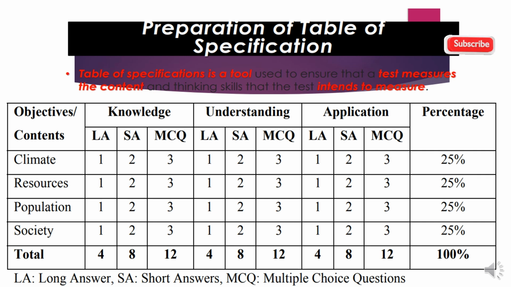At the end, to sum up, the answer is 100. It changes according to the objectives, according to the time it varies. So this is the table of specification, how we calculate or how we prepare the table of specification.